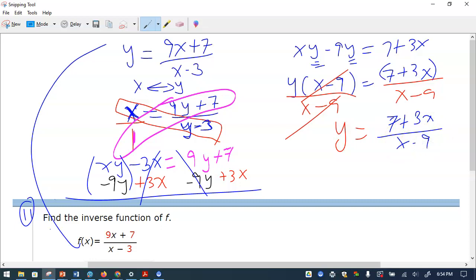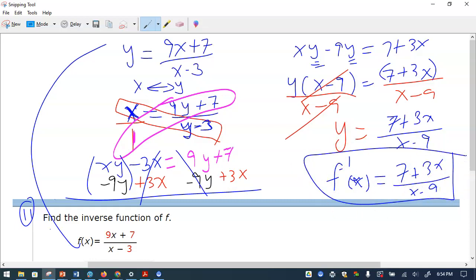And this y is nothing but f inverse of x equals 7 plus 3x over x minus 9. That's the answer for the inverse function of f.